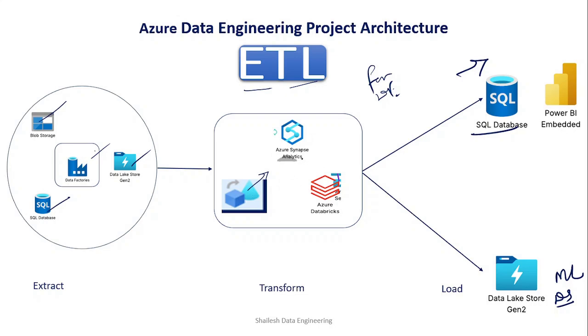You can use combinations. Doing all the transformation with Synapse analytics is perfectly fine, or if you want to transform with the help of Databricks, that is also perfectly fine. Once you are done with the transformations, you can load the data into the corresponding storage solutions.